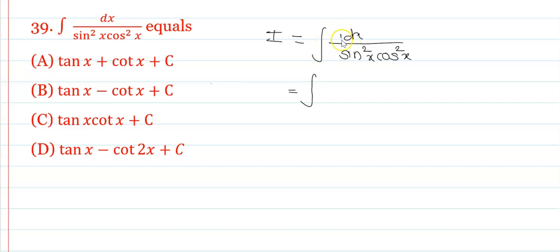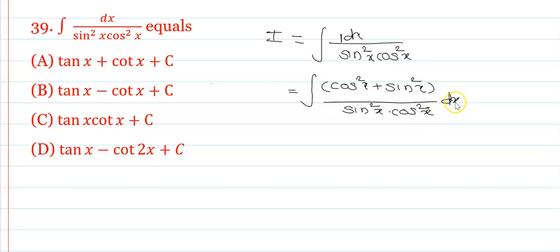We consider here the numerator as 1, and what is 1? 1 means (cos square x plus sin square x), bracket complete, and this whole divided by sin square x into cos square x into dx.